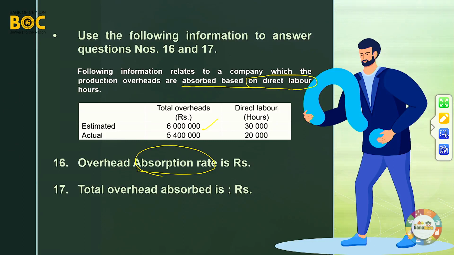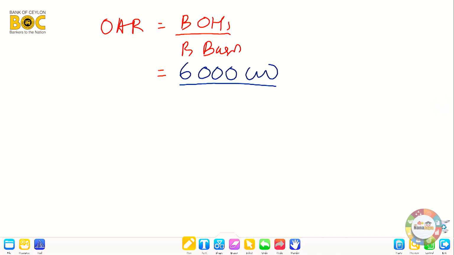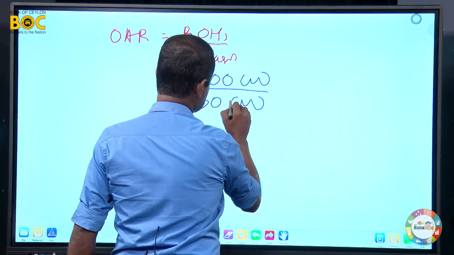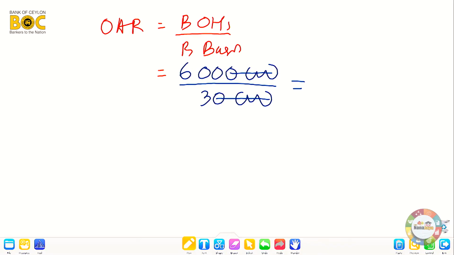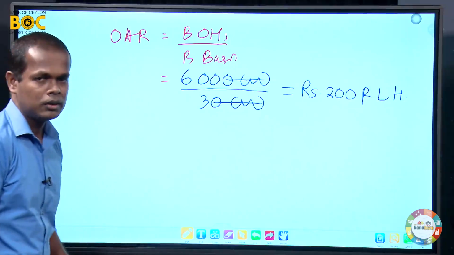The budgeted direct labor hours are 30,000. 6 million divided by 30,000 is 200 rupees per labor hour.